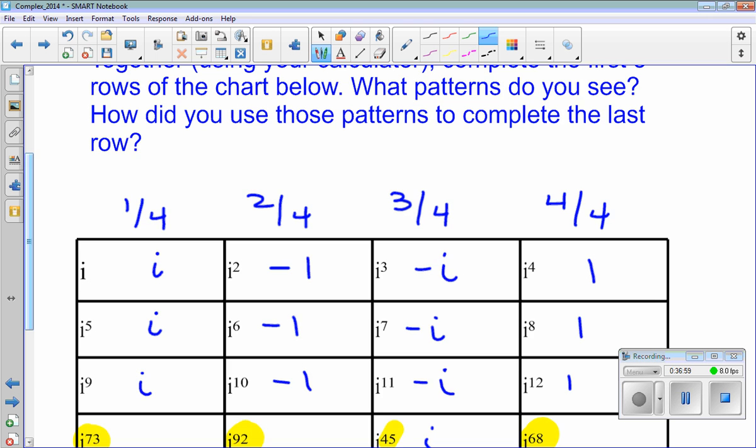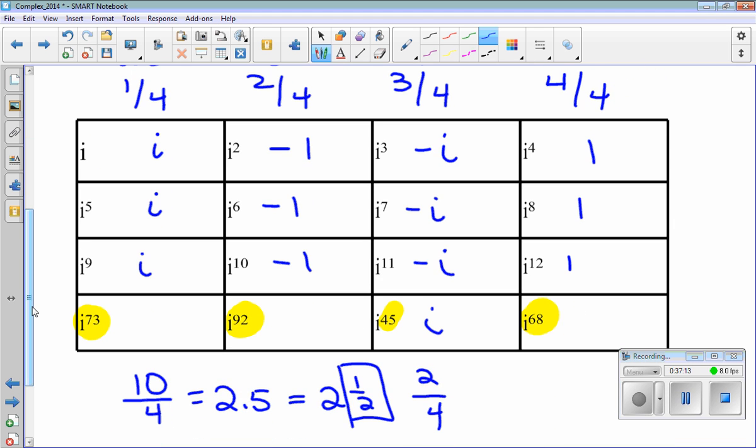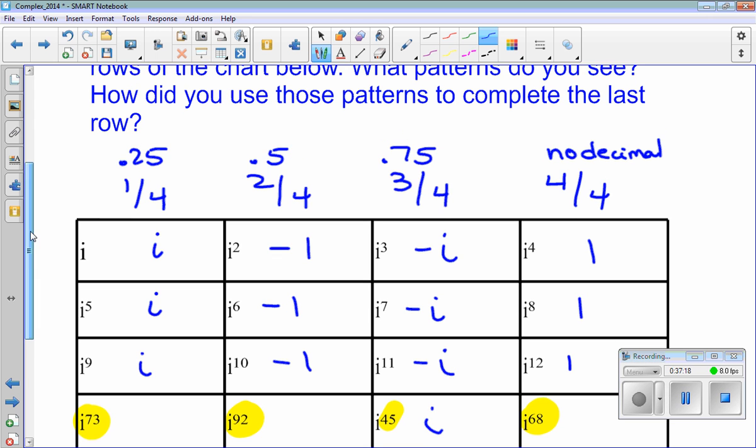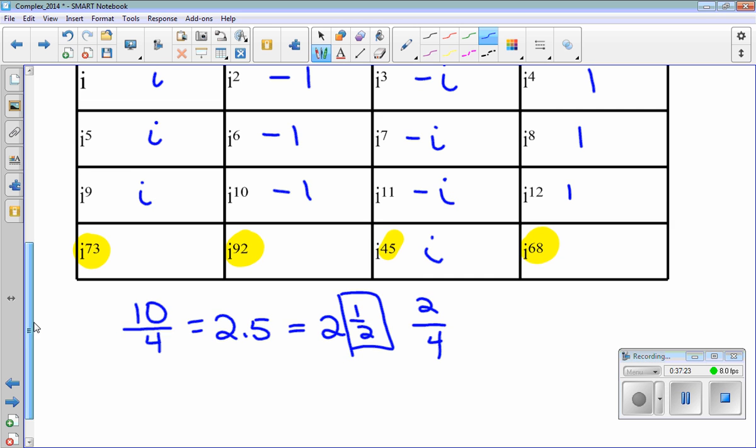So I'm just looking at the decimal. I could say 0.25, I could say 0.5, 0.75, or no decimal. If I'm looking at the power, and I divide that power by 4, and I get a 0.5, that puts me in this column, which means negative 1 is my answer. Let's try a different one.